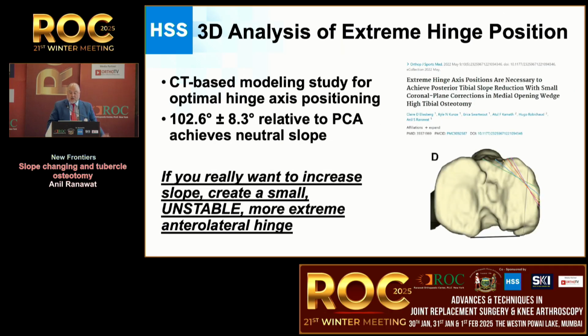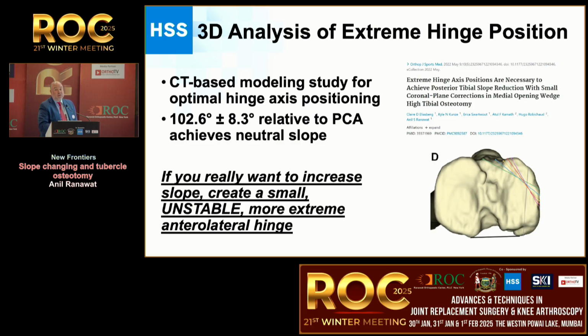We even showed in another paper, the only way to really, really dampen slope is to make really extreme anterior lateral hinges. So this gray line is your slope neutral osteotomy. That's your hinge axis. When I taught osteotomy, I never knew the word hinge axis. We invented this word to show that a smaller or more oblique hinge axis is the only way you can dampen slope.